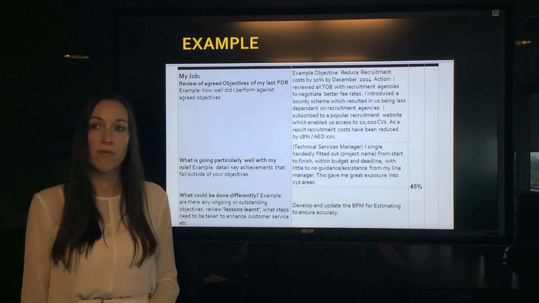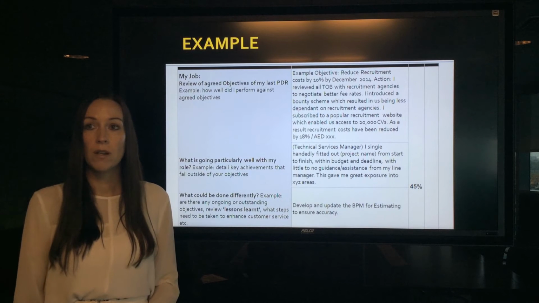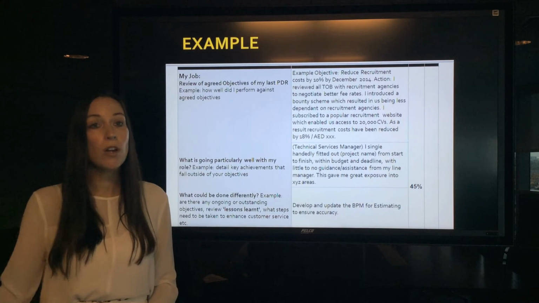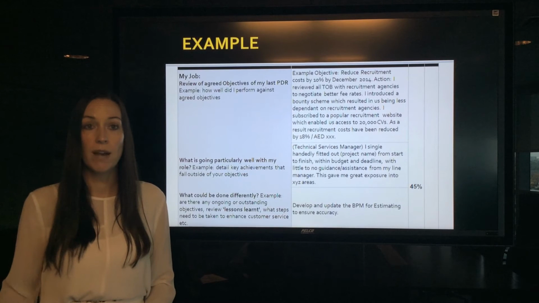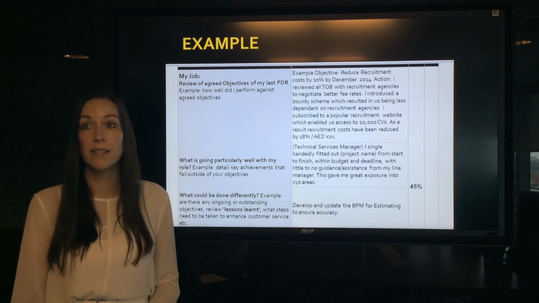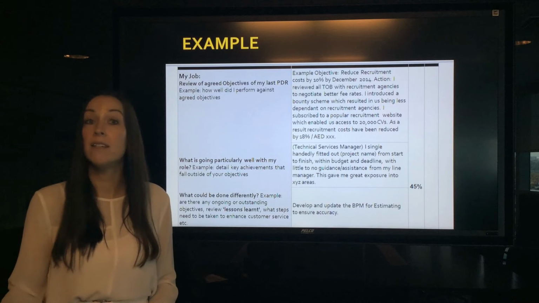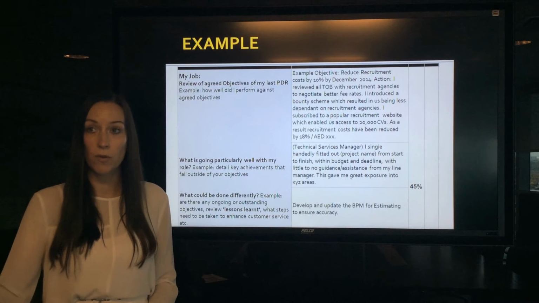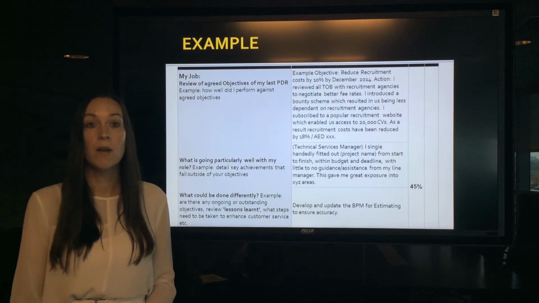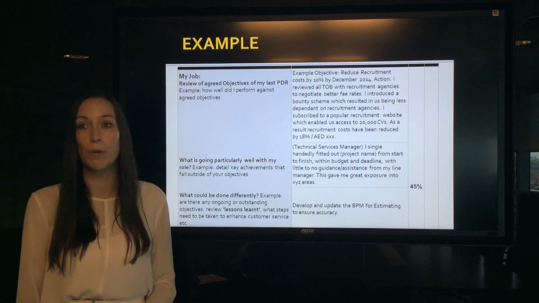Now you can see that that feedback that's documented on that PDR form shows how they've met the objective, what learning took place as well throughout that process, and how they feel they exceeded the objective, because they didn't need a lot of guidance from their manager, they needed less than what's required. So they're implying there that they have perhaps met and exceeded that area of their role.